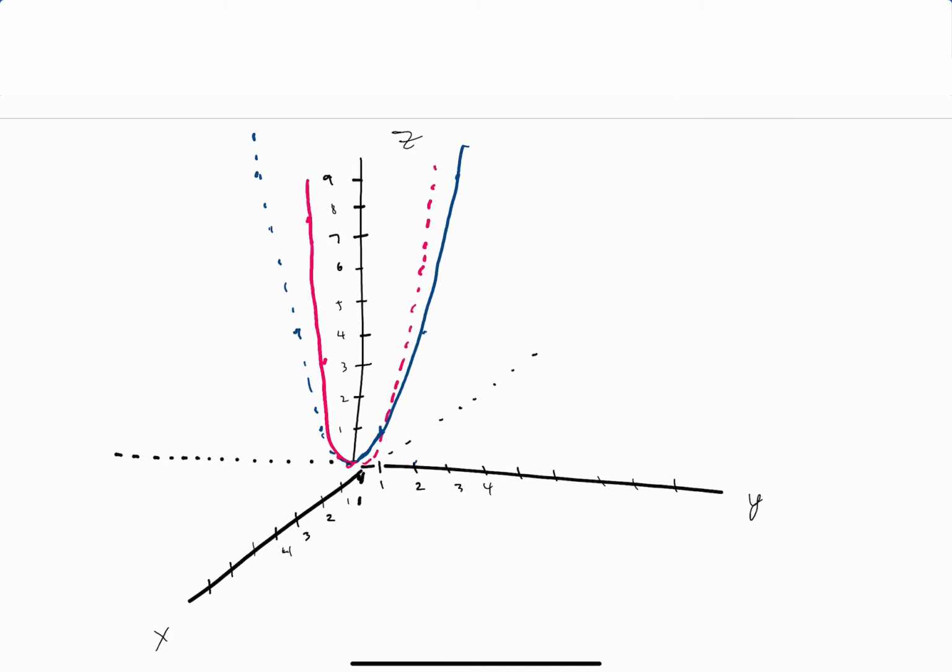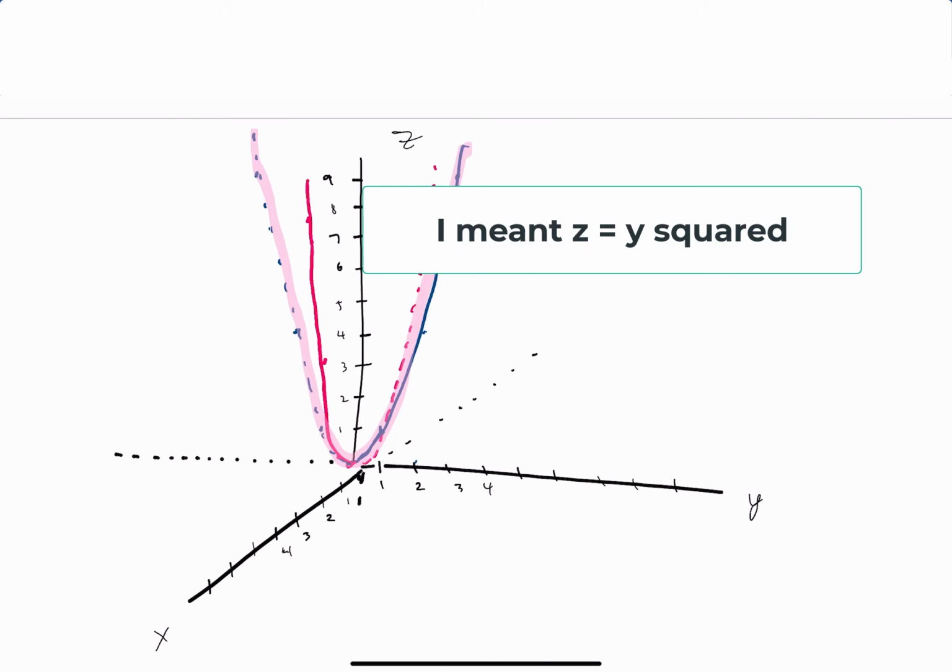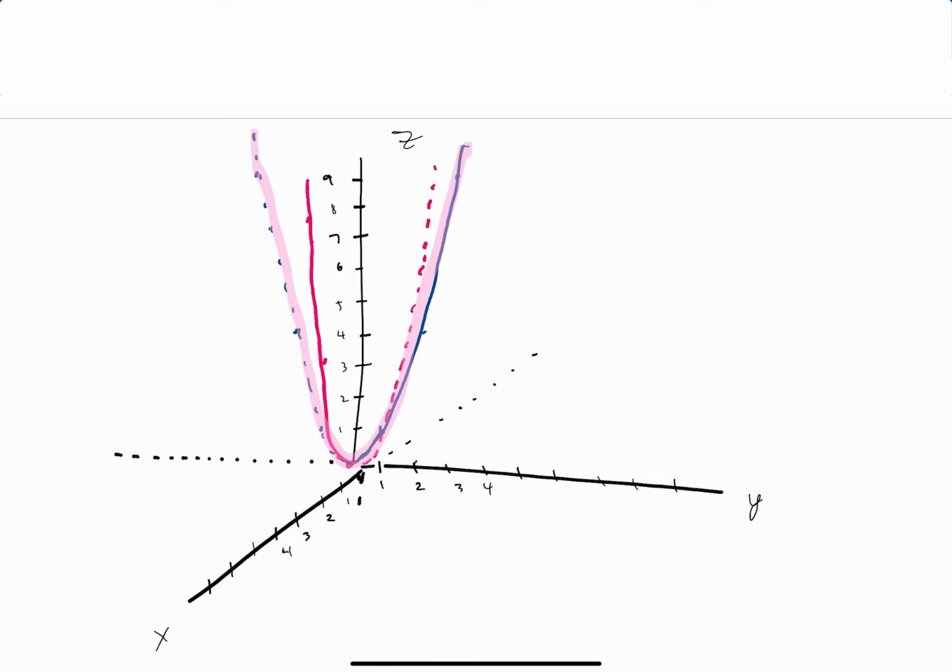Let's put the pieces together and see what we've got. So we've determined that the trace on the back wall is this parabola, z equals y squared. In other words, when that back wall slices through our surface, the cross-section we'll see is a parabola.